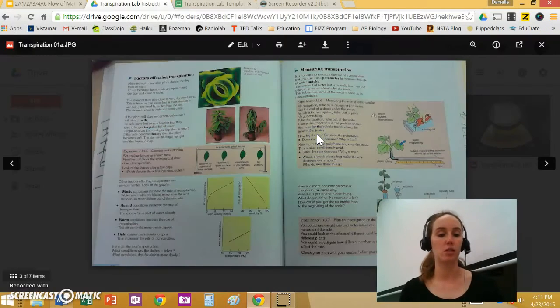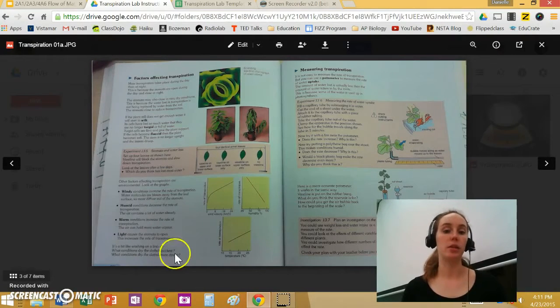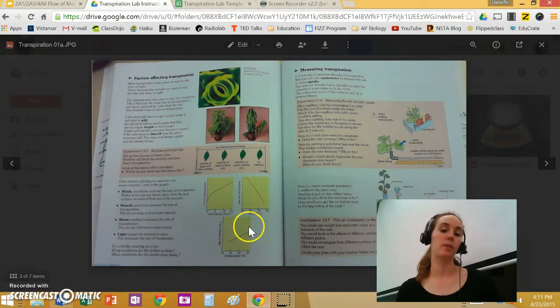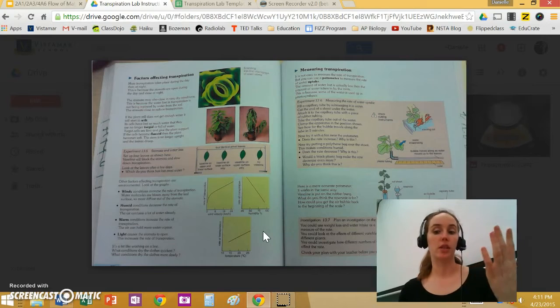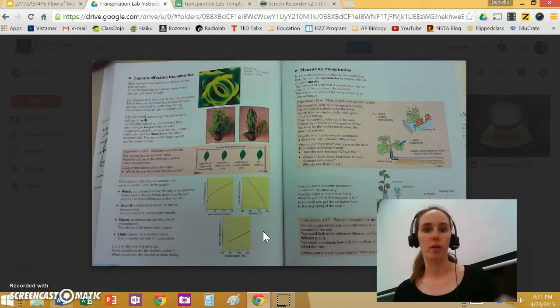So if you turn to page 206, there's some information about things that affect transpiration, and we can take them back. Remember in adaptations, different plants were adapted in different ways to their environment. Why did needly ones look needly, and why did ones with broad leaves live in hot and wet environments?